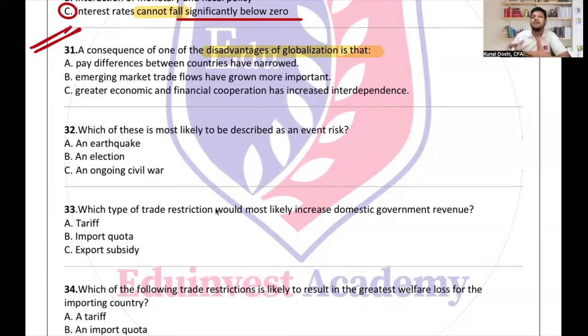Do you see the political fight is not for globalization, but for anti-globalization? Pay differences between countries have narrowed? No. Emerging market trade flows have grown. Okay. Great economic and financial cooperation has increased interdependence. A consequence of one of the disadvantages of globalization is that, yes, anyone? I've got one answer. Very interesting.